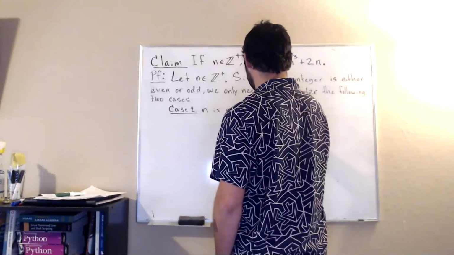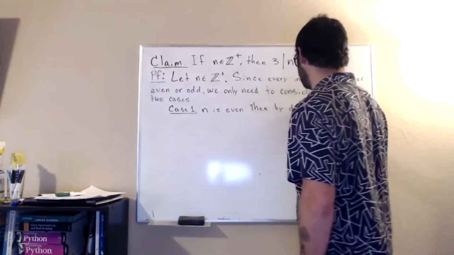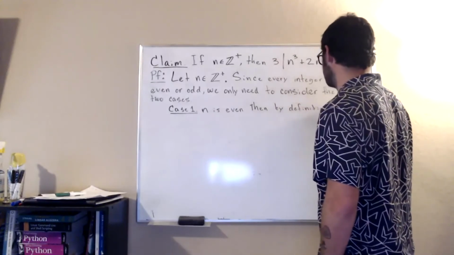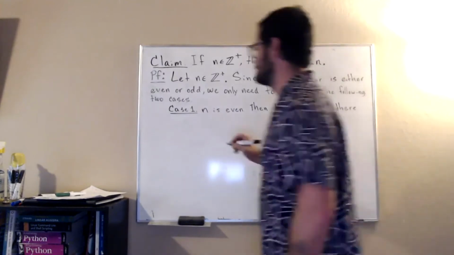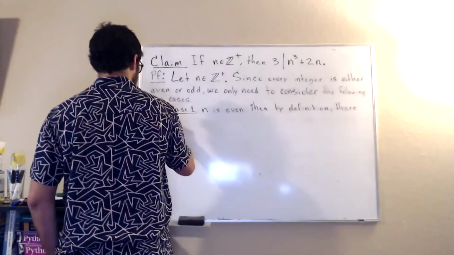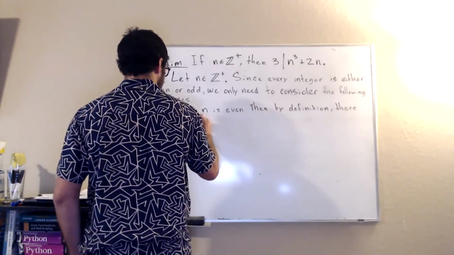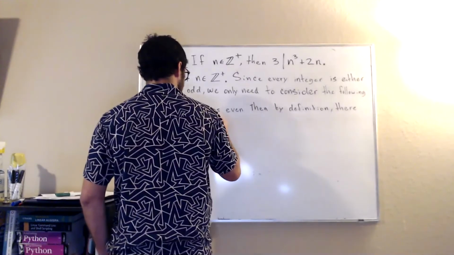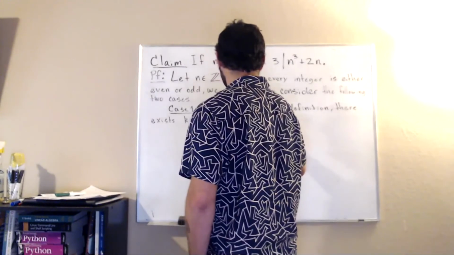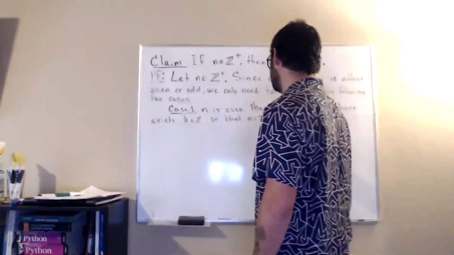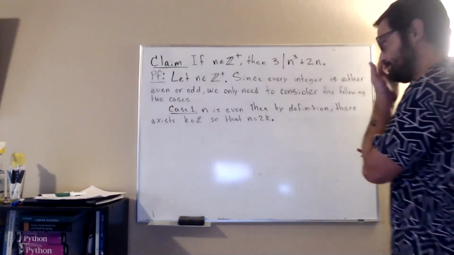So then, by definition, there exists an integer k so that n is equal to 2 times k. And that's just by definition of being even.